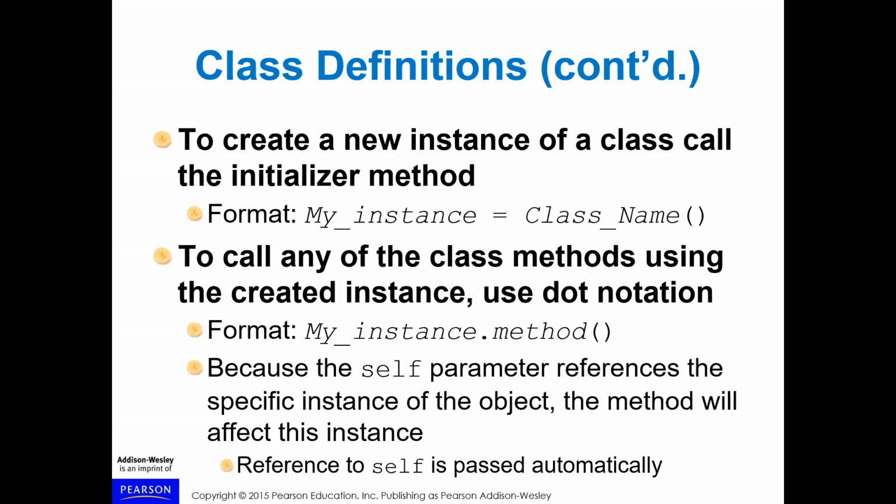So now we continue with the syntax in Python of class definitions. To create a new instance of a class, you call the initializer method, right? So you saw here, the format is my instance, so for instance, house1 equals, and then the class name.